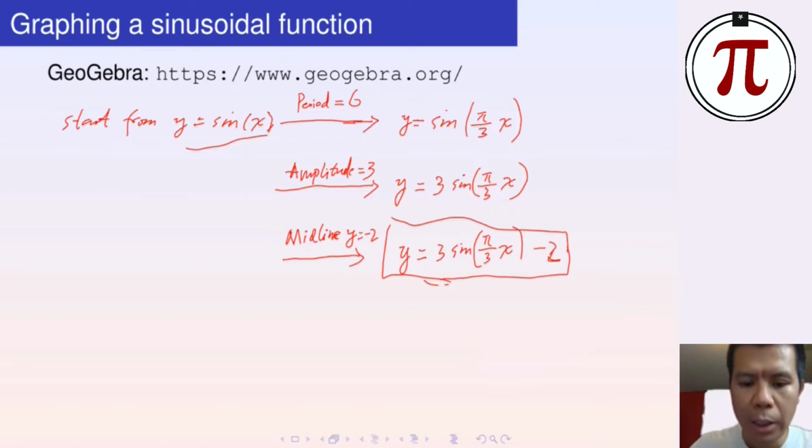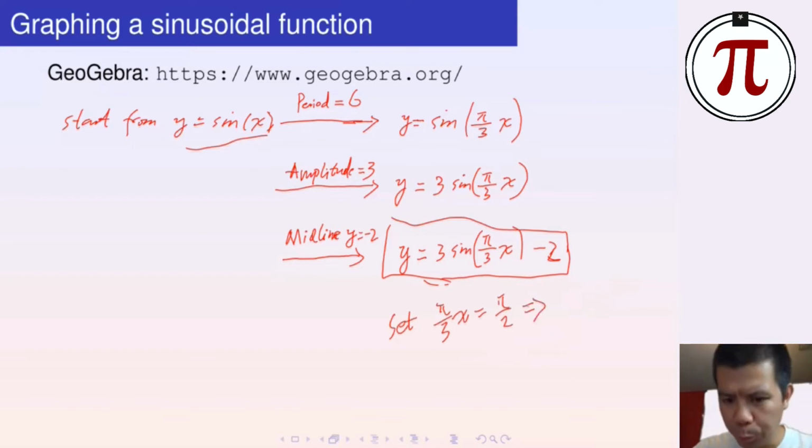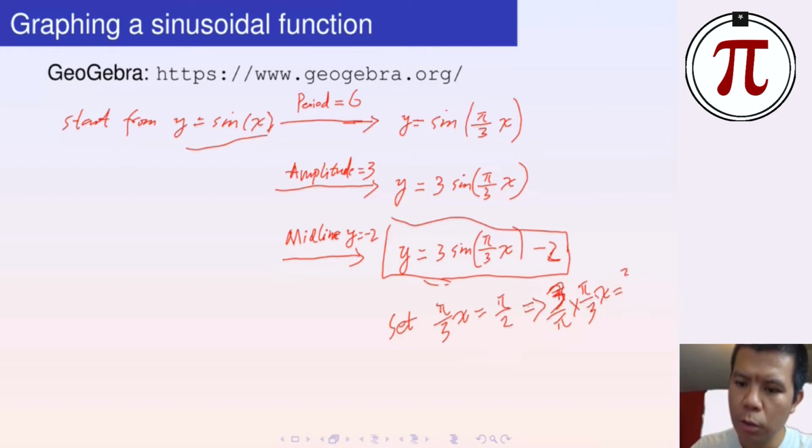By checking the graph of this one, we set pi over 3 times x equals pi over 2. So this implies if we multiply by 3 over pi, 3 over pi times pi over 3 times x equals 3 over pi times pi over 2.